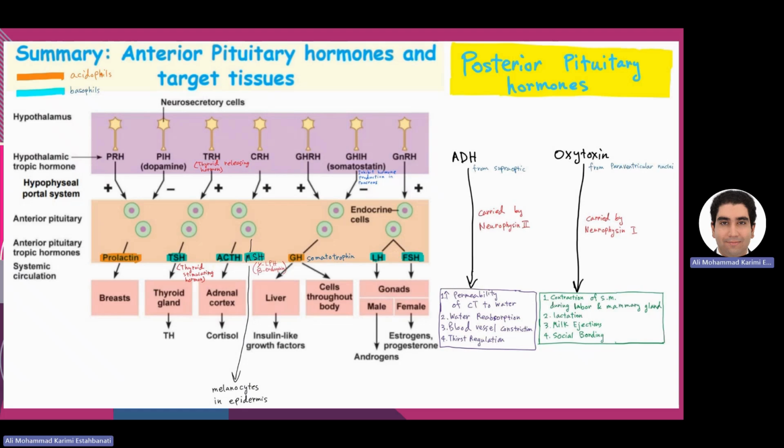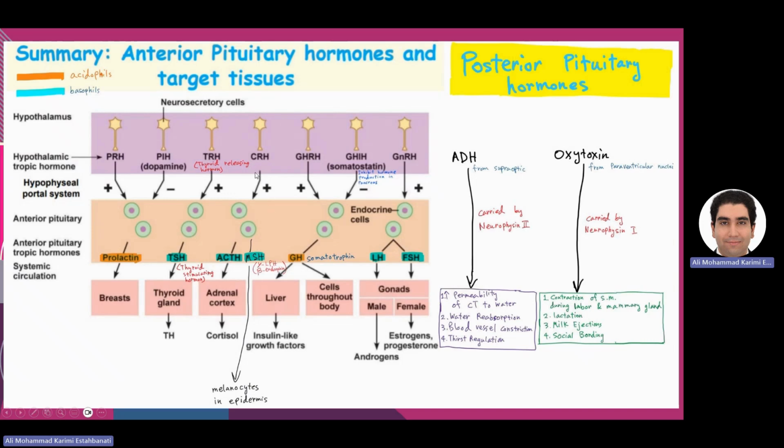Although there are no inhibitory hormones here to inhibit the production of TSH, there is something called negative feedback: when there is an increased level of thyroid hormone, it sends negative feedback to the hypothalamus and the anterior pituitary and inhibits their production, so decreasing the level of thyroid hormone.